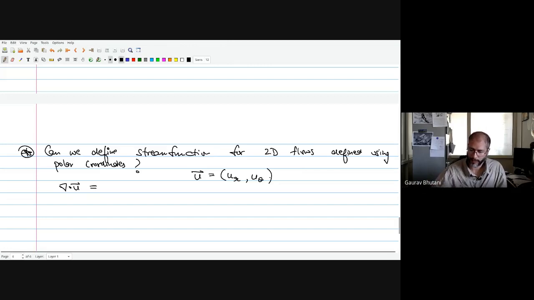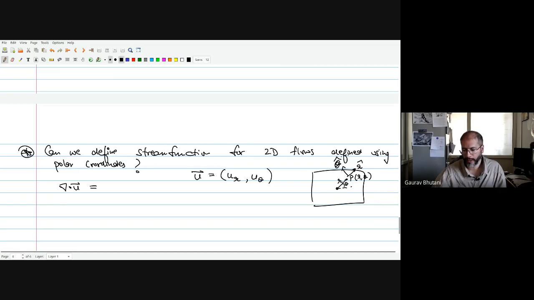If you have a plane, then you have a center point. You define a coordinate of a point P as the distance r and the angle theta it makes from this line. So it has r comma theta. You have done this in your JEE preparations. And we also have a unit vector r hat and a unit vector theta hat. So we can define things in terms of polar coordinates.